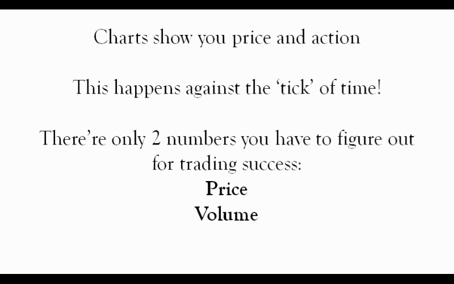So if you understand these two things, then you're able to understand all price action. And you're able to understand tape reading, the basics and the complex. Everything about price action is reflected in the tape. Everything about volatility is reflected in the tape.